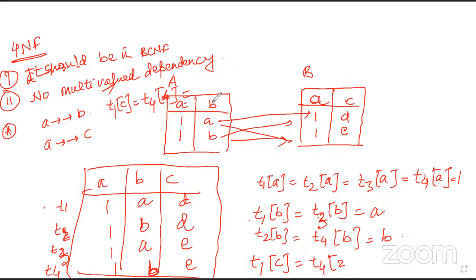Suppose this is the S name, this is the course, and this is instructor, right? In S name, all four tuples are David. Suppose this is David.